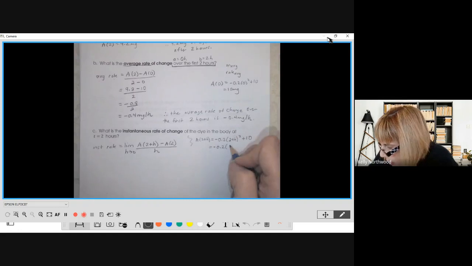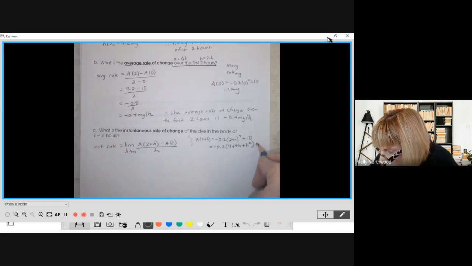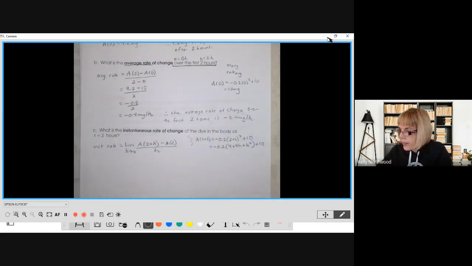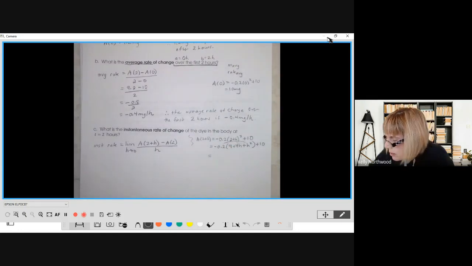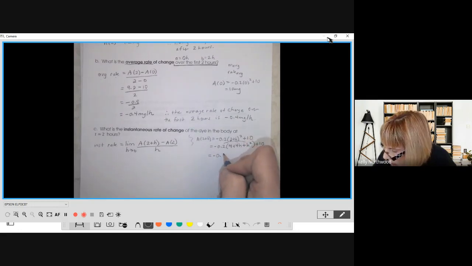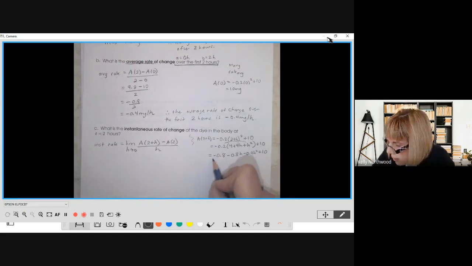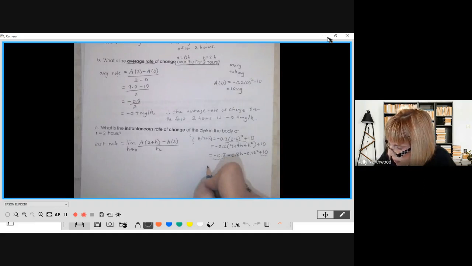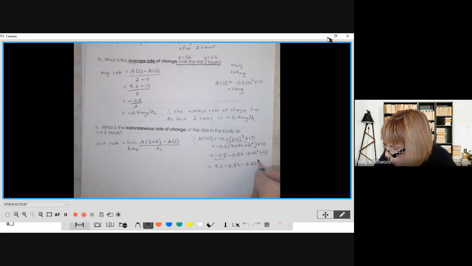If I square that binomial, I'm going to get 4 plus 4h plus h squared. Distribute. So that's going to be negative 0.8 minus 0.8h minus 0.2h squared plus 10. And these are like terms, so that's 9.2 minus 0.8h minus 0.2h squared.